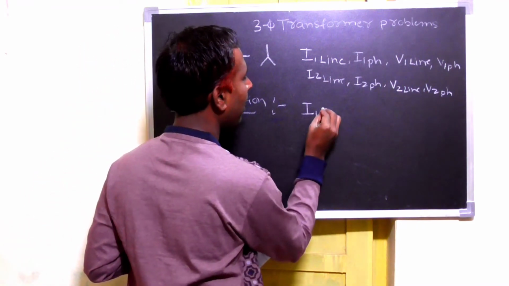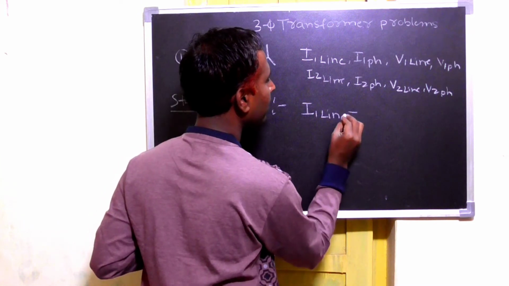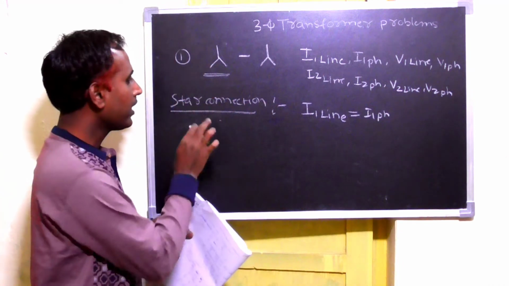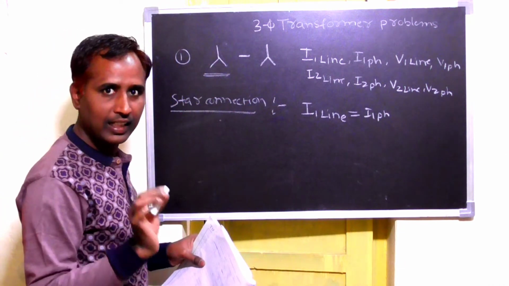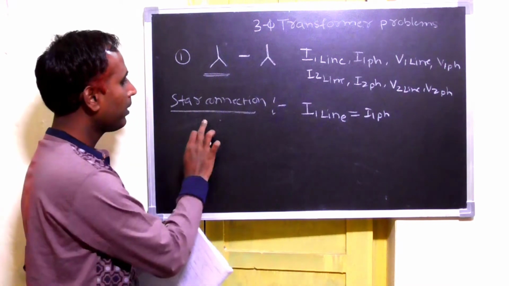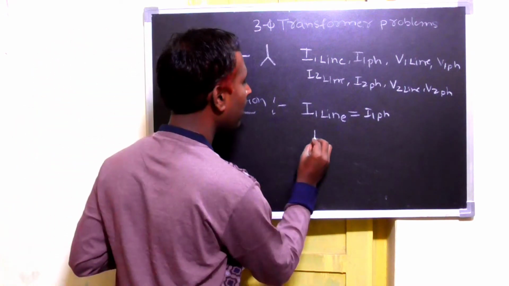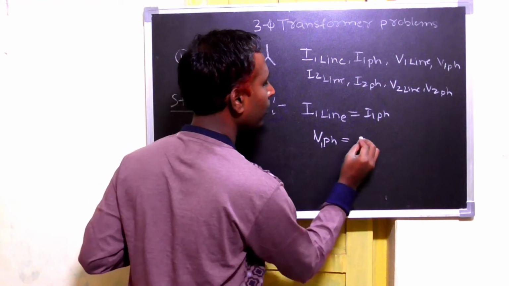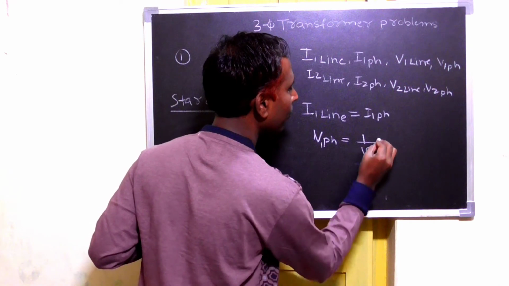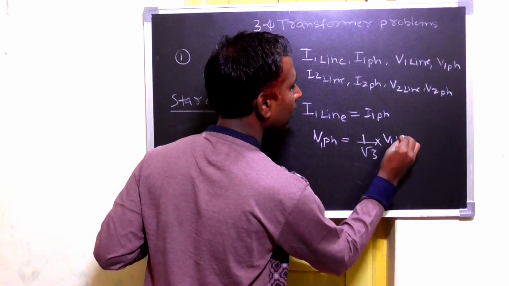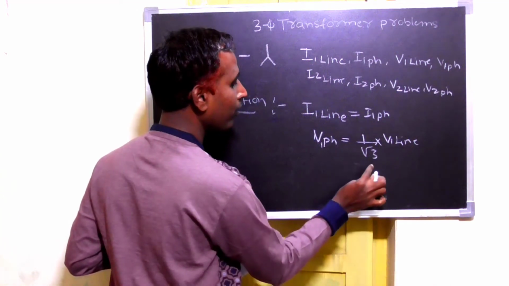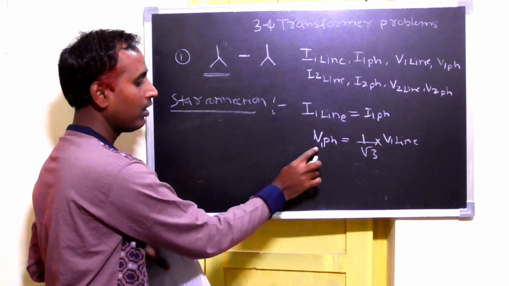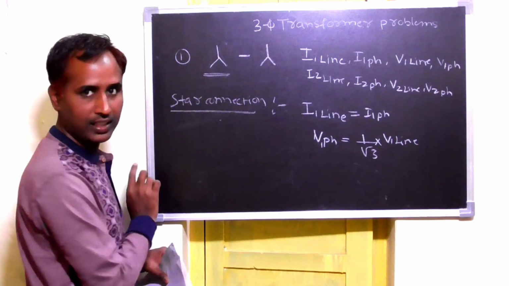In star connection the current is the same, but the voltage is different. The formula is V1 phase equals 1 by root 3 into V1 line, that is, line voltage divided by root 3. This is the formula to calculate the phase voltage in star connection.